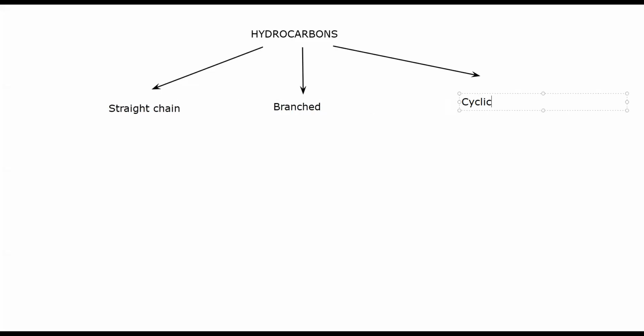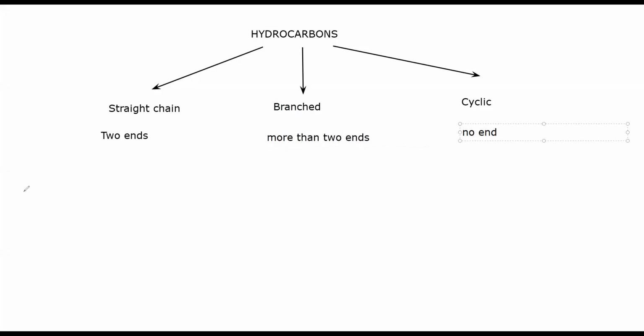A straight chain, what is the meaning of a straight chain? A straight chain means if the hydrocarbon chain is having only two ends, we call that as straight. If more than two ends, we call that as a branch. And if there is no end, then we call that as a cyclic.